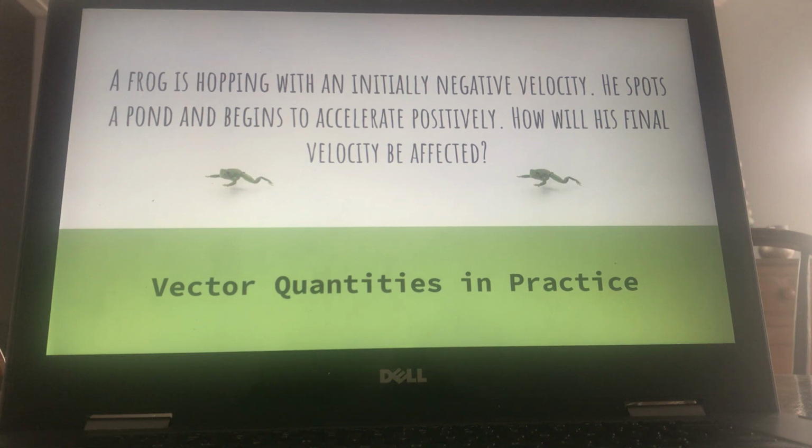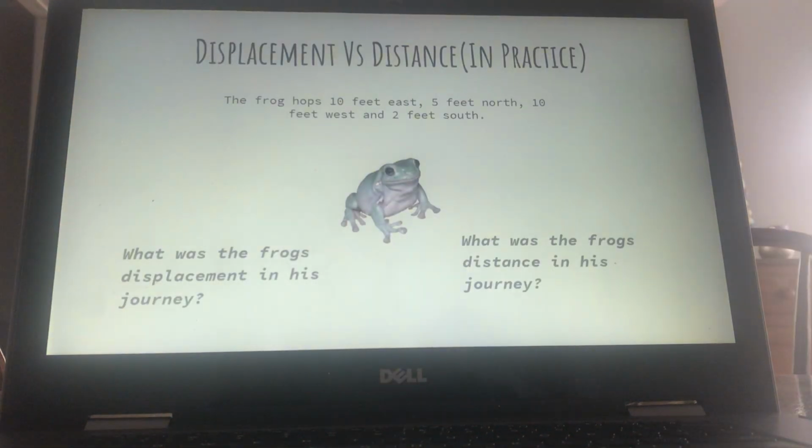And while that might not make sense because it's increasing positively, and adding a positive to the negative should cancel it out, it's actually that because he's moving more in that negative direction, it's just going to be more negative. He's going faster, but because it's in that negative direction, it's going to be a greater negative.